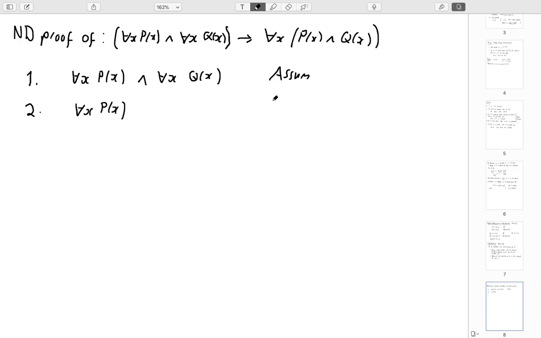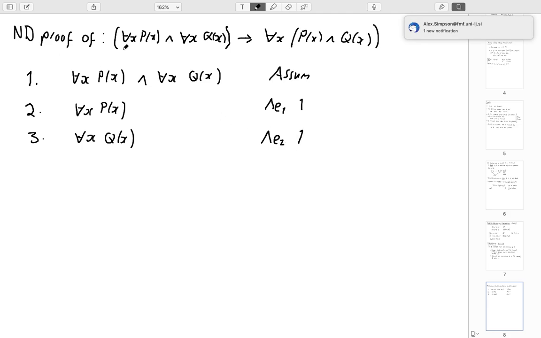This is by and elimination 1 on the left hand side from line 1. And we also have that for all x, Qx holds. So that's by and elimination 2 from the first line of the proof.